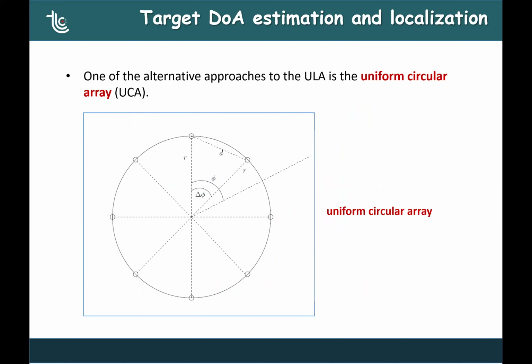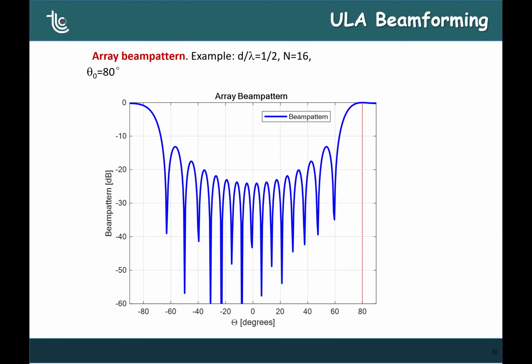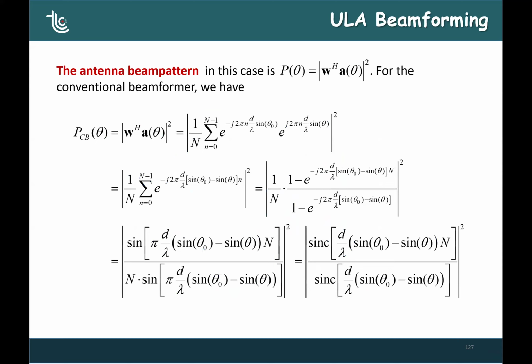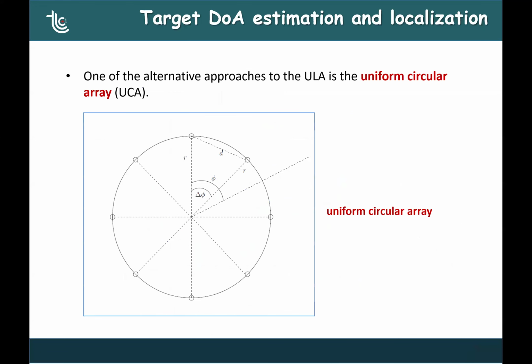Of course, the equations are a bit more complex compared to this, because here the spatial steering vector is quite easy, as you can see, because the antennas are on a line, here they are on a circle. So the plot is a bit more complex, but still it is possible to write the steering vector, okay?